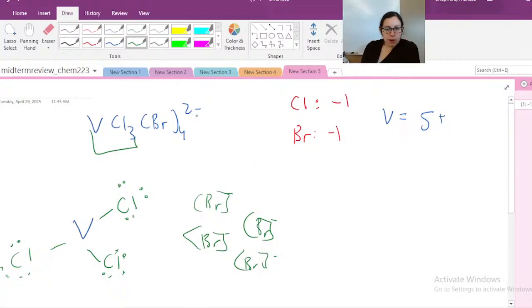So -4, 2 minus overall, so this has to have a 2+ charge somewhere. So this is 2+, and this is -4, and that's telling you the oxidation state too. So we have +5.